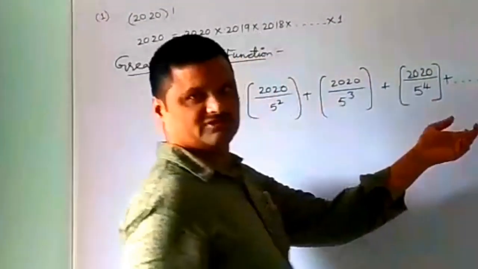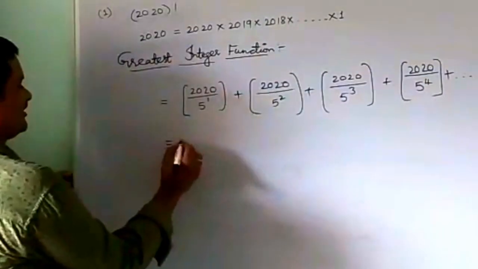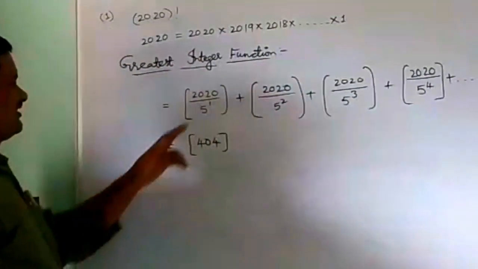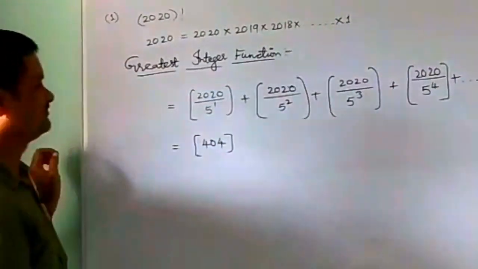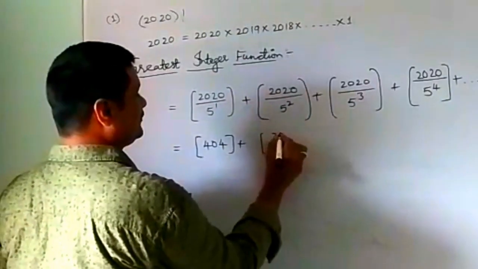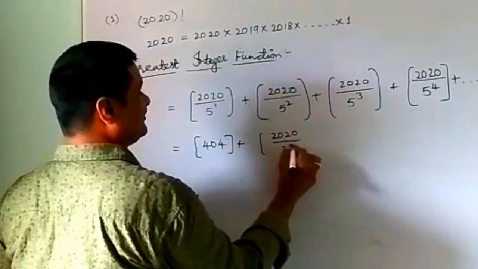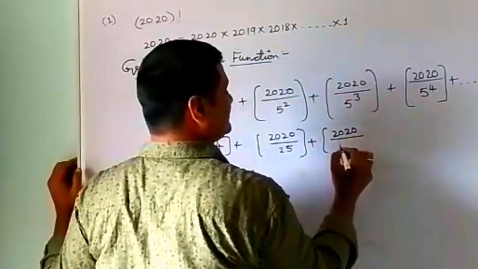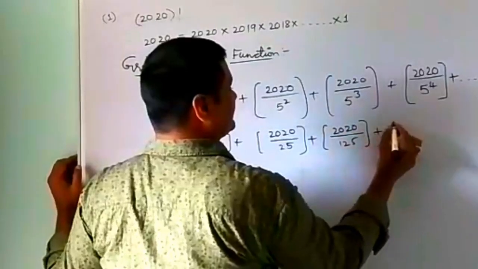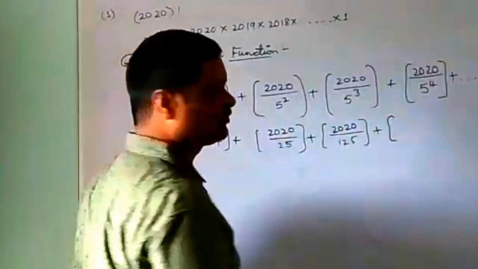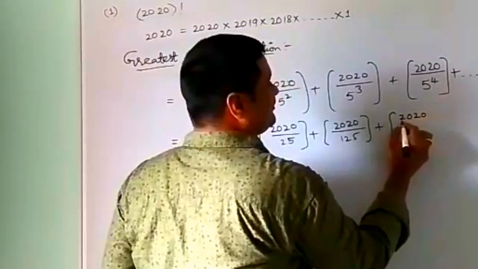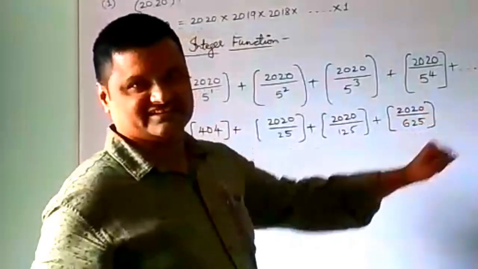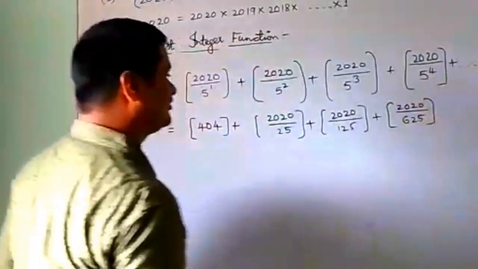We continue until the denominator exceeds the number. Here 2020 divided by 5 is 404, since the unit place is 0, it is exactly divisible by 5. Next, 2020 divided by 25, then 2020 divided by 125, then 2020 divided by 625. Later the denominator will exceed the number, so let us stop.